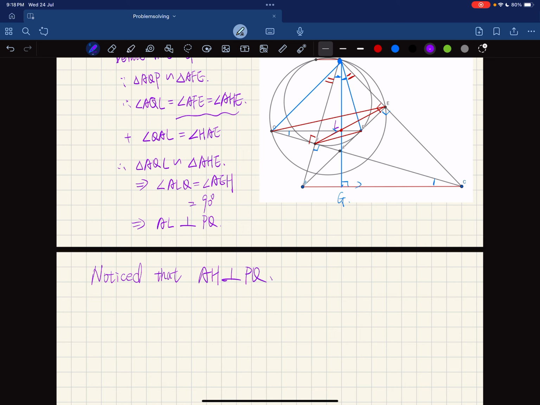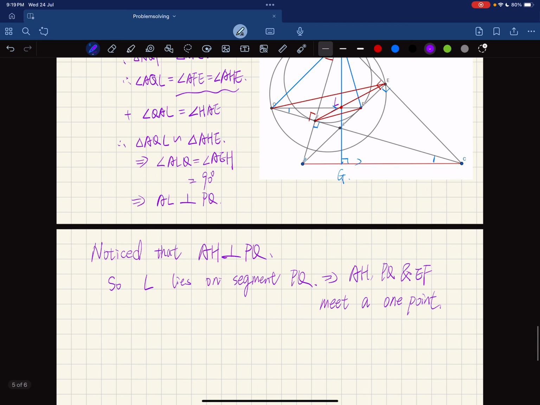So L lies on segment PQ, and that leads to AH, PQ, and EF meet at one point. So that's great to see that.